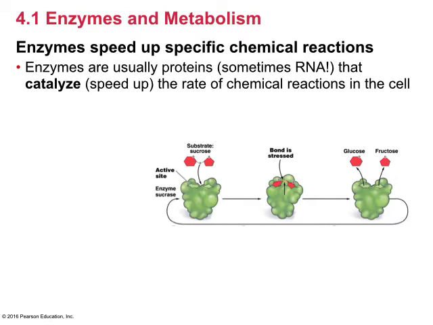I would say 90% of enzymes are proteins, but they can also be RNA. And so these enzymes, these organic macromolecules, are going to speed up the rate of chemical reactions happening in the cell. Catalyze, bolded here, is the scientific biological term for speeding up. But that's all it means.